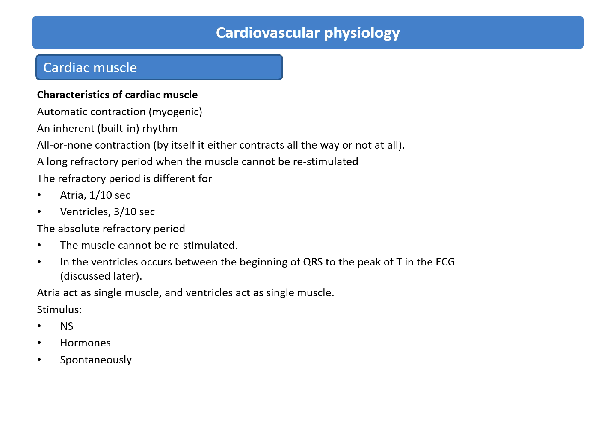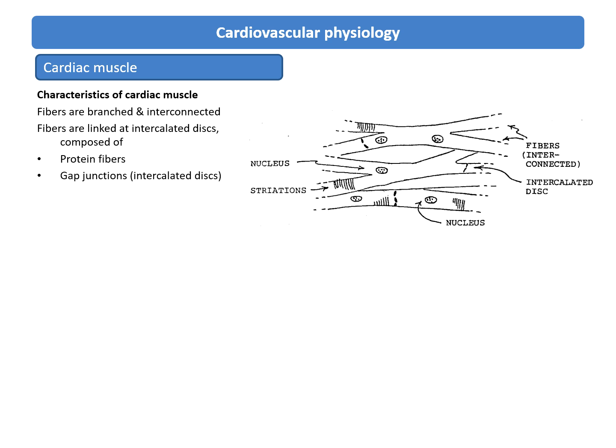That's that built-in inherent rhythm we talked about. The fibers of cardiac muscle are branched and interconnected. They're linked by discs called intercalated discs that are composed of protein fibers and gap junctions. They are junctions that join one cell to another.